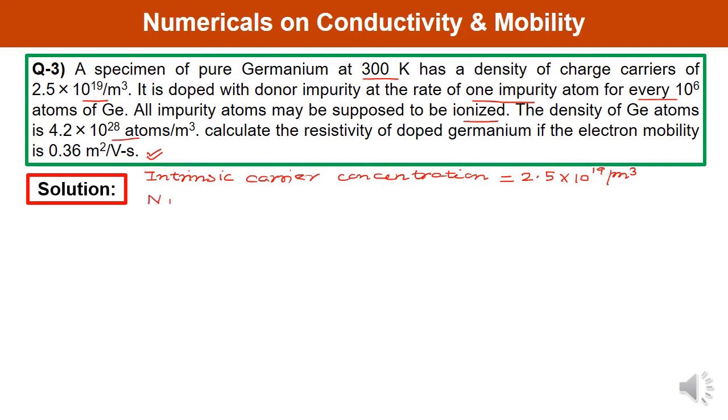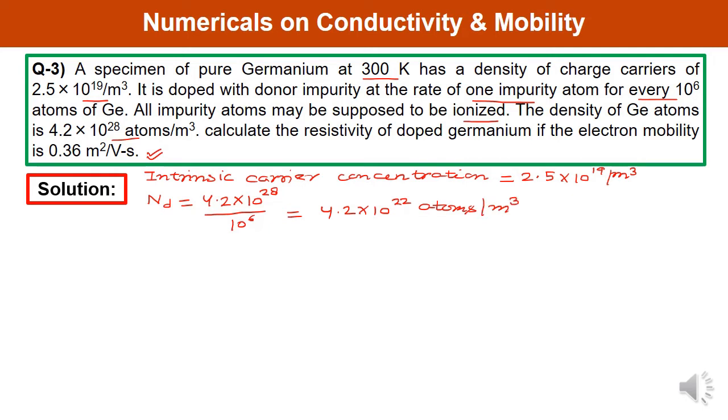And the density of added impurity atoms. What is the density of added impurity atoms? It is given that germanium atoms are 4.2 into 10 raised to the power 28 and one impurity atom for every 10 raised to the power 6 atoms. So this term divided by 10 raised to the power 6 gives 4.2 into 10 raised to the power 22 atoms per meter cube.